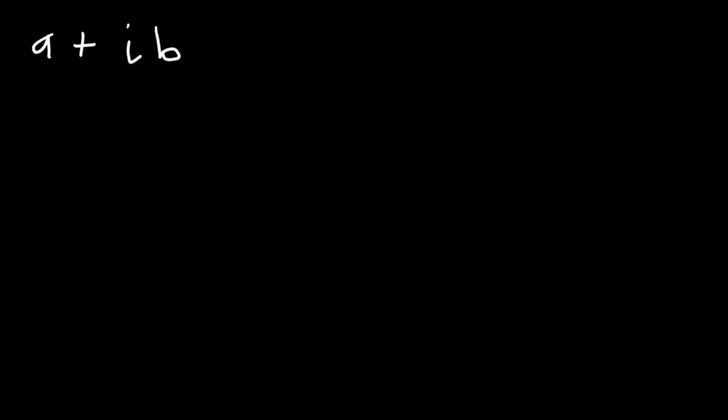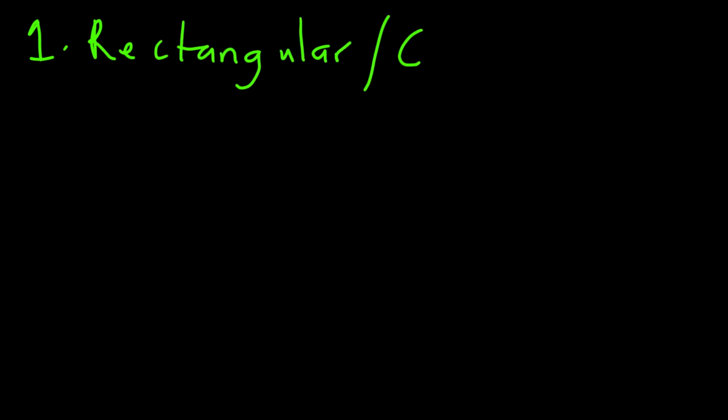For examples of complex numbers, we can have 3 plus 7i, and also we can have 1 minus 2i. Notice that we write i at the end. Now let's see how we can represent complex numbers. The first way of representing complex numbers is the rectangular or Cartesian form.